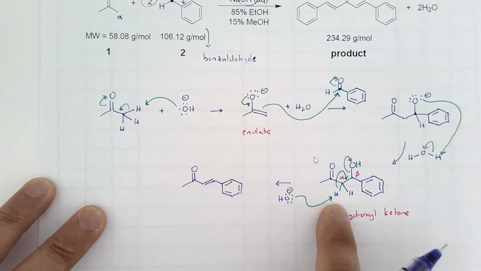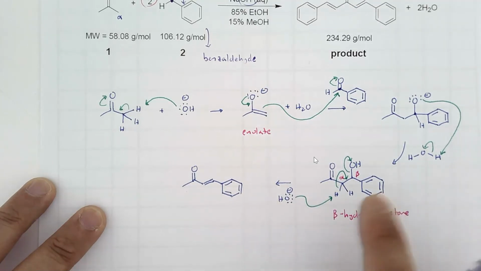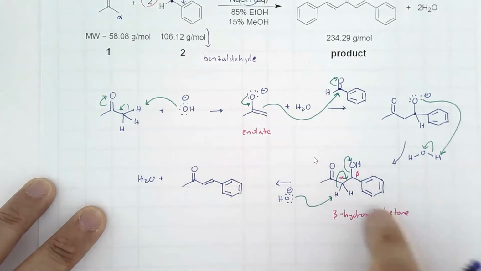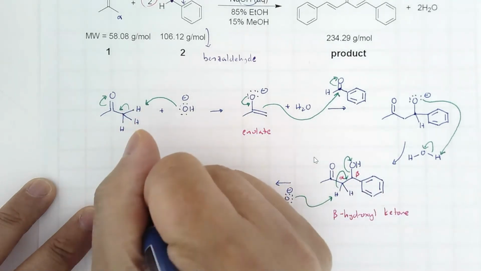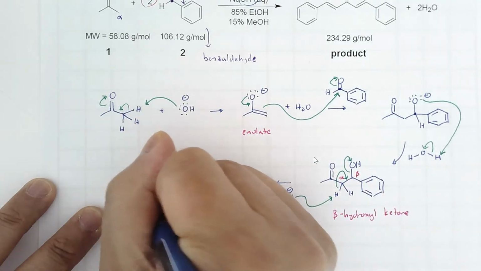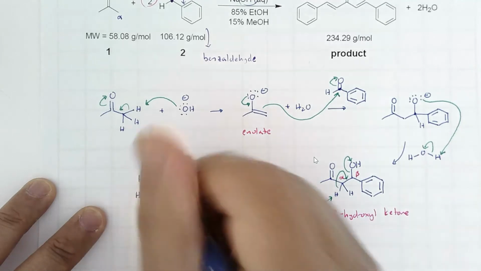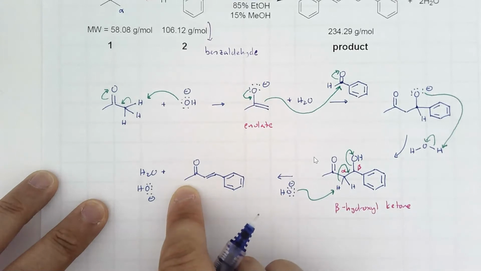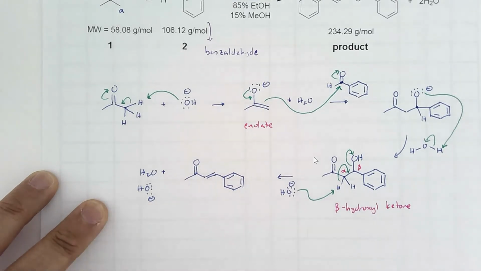We did create water, H2O, and we created an OH minus, which is great because we don't have to redraw the OH, because we're going to remove now the alpha hydrogen on the other side.